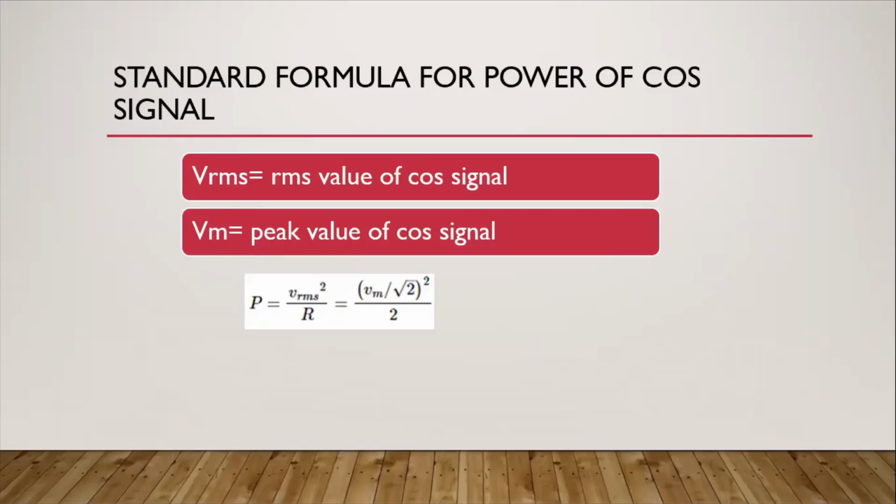V_RMS is the RMS value of the cosine signal, and V_m is the peak value of the cosine signal. The formula for power is P equals V_RMS squared over R, which equals (V_m over square root of 2) squared over R. This is because V_RMS equals V_m over square root of 2, where V_m is the peak value and V_RMS is the RMS value of the cosine signal.